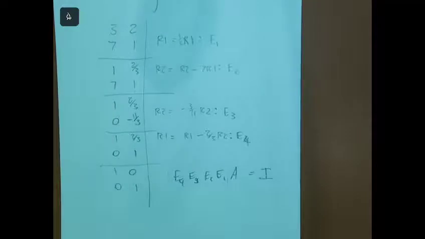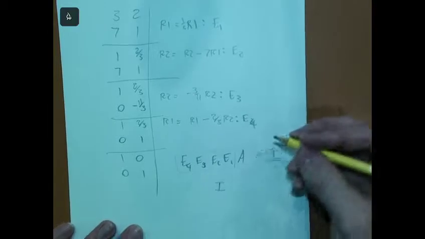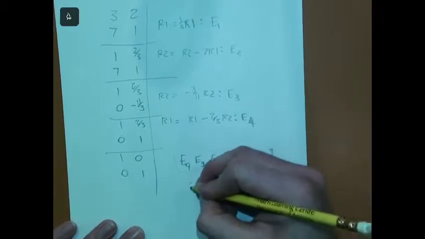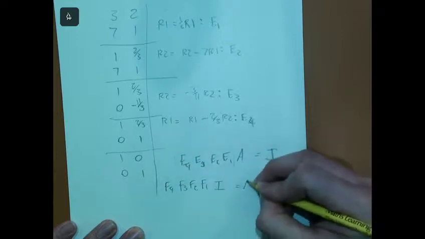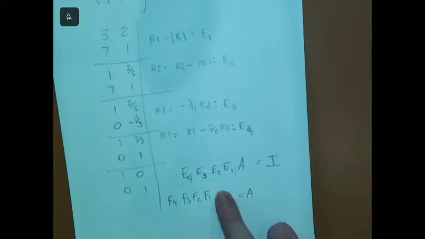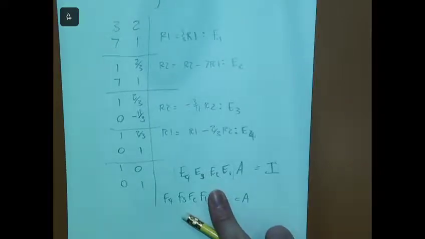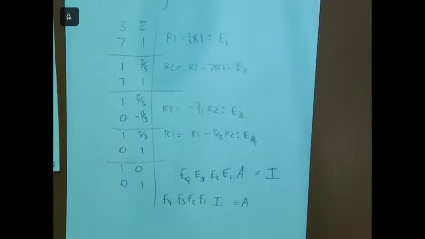If I can start with I and do its own elementary matrices, I shall call them F1, F2, F3 and F4, and go backwards, it will produce A, and then I won't need the I, and A will be a product of those elementary matrices. Really cool. I just need to do these row operations backwards. But that's okay, because I know how to do row operations backwards.